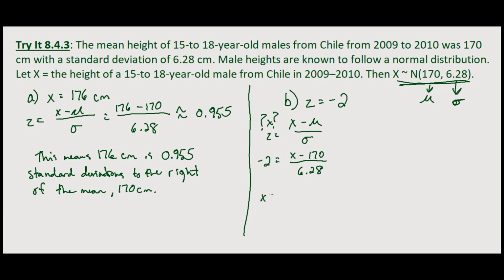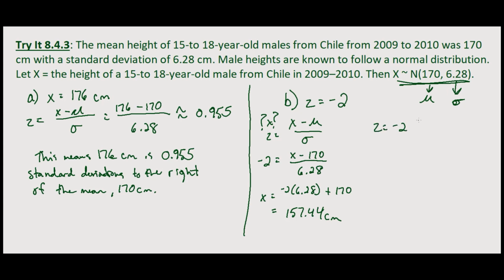And this gives us that x equals -2 times 6.28 plus 170. If we solve for x, that's what we get. And simplifying this, -2 times 6.28 plus 170, that gives us that x equals 157.44 centimeters.